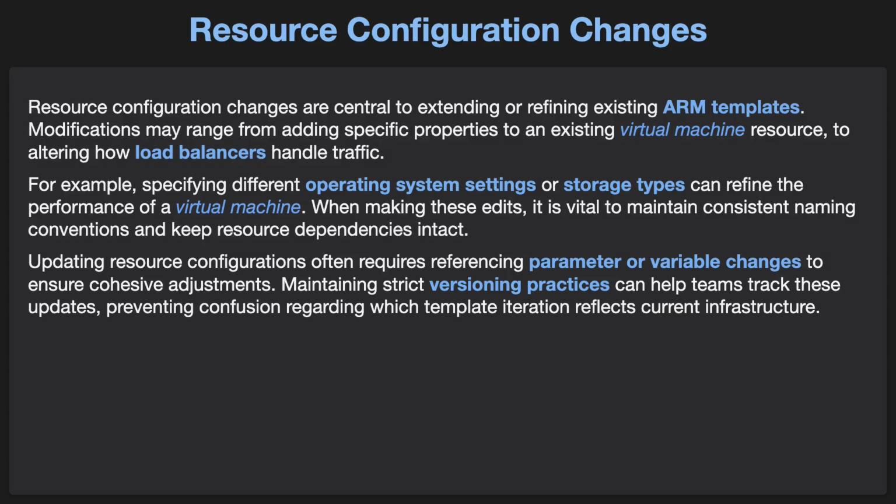When making these edits, it is vital to maintain consistent naming conventions and keep resource dependencies intact. Updating resource configurations often requires referencing parameter or variable changes to ensure cohesive adjustments. Maintaining strict versioning practices can help teams track these updates, preventing confusion regarding which template iteration reflects current infrastructure.